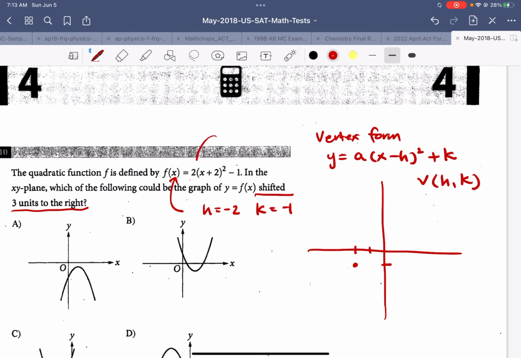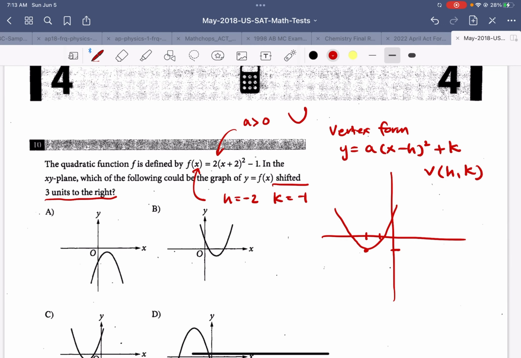Since a is positive, it opens upward. So the graph shape looks something like this. But they ask if this f of x graph is shifted 3 units to the right. So it will be 1 here, from -2. So 3 units to the right: 1, 2, 3.